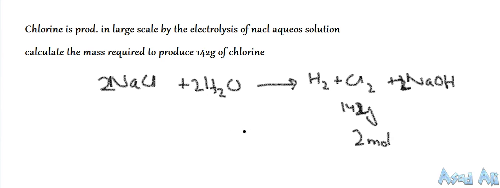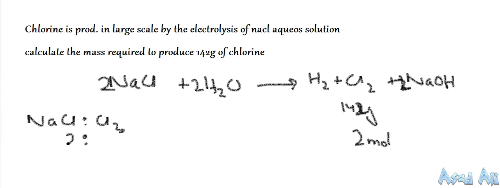Okay, so we have to produce 2 mole of chlorine, and there is 2 H2O and 2 NaCl. Now we can write the mole ratio. We have to calculate NaCl. The ratio of NaCl to chlorine is 2:1.